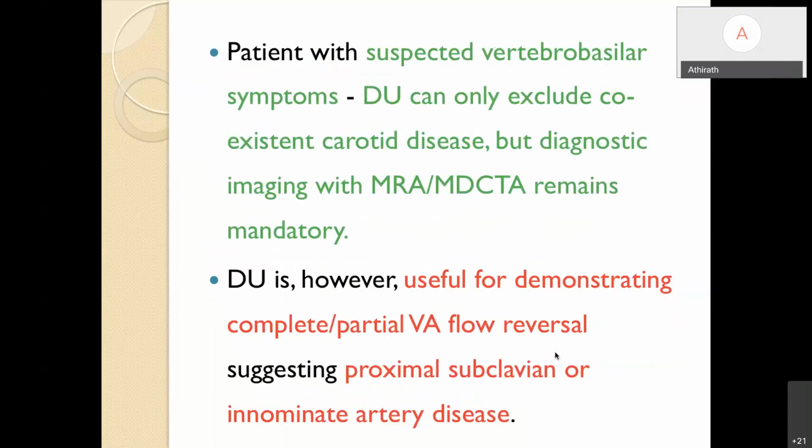So the use in vertebrobasilar disease is that duplex ultrasound can only help you in excluding coexistent carotid disease. For actual vertebrobasilar symptoms, you require diagnostic imaging with MRA or CT angiography. And whenever there is any proximal subclavian or innominate artery disease, it is useful in demonstrating complete or partial vertebral artery flow reversal.